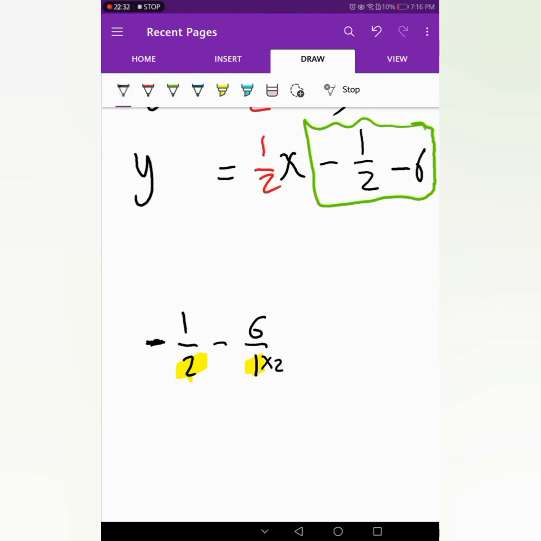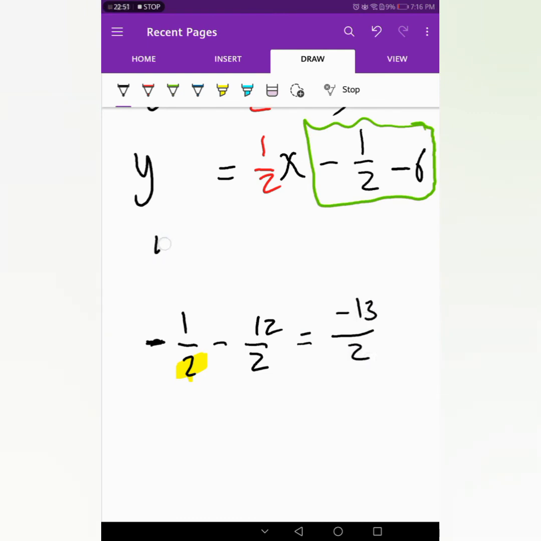So I multiply by 2 here and multiply by 2 here, so this will be 12 and here will be 2. Now, okay, -1 for the grocery and 12 for the grocery. That means -13, and the 2 will be here.